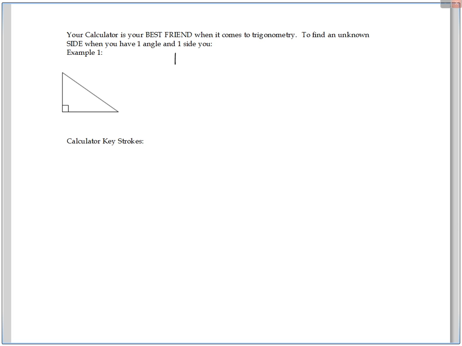Okay, so for number 1, you're going to label. You need your opposite, your adjacent, and your hypotenuse. So this section is going to be a little different. Now you need to find an unknown side. That's different from last section. What were we trying to find last section? An unknown angle.